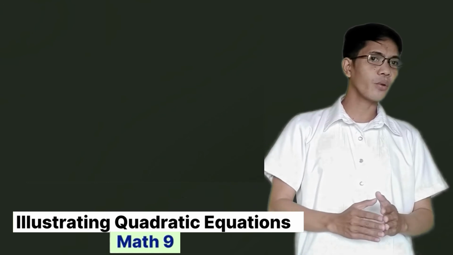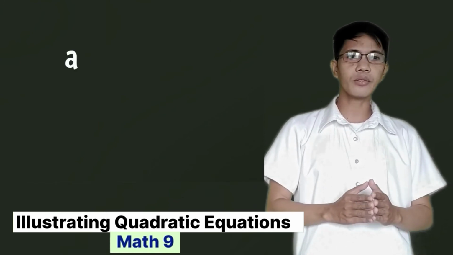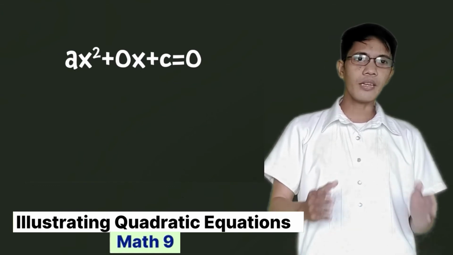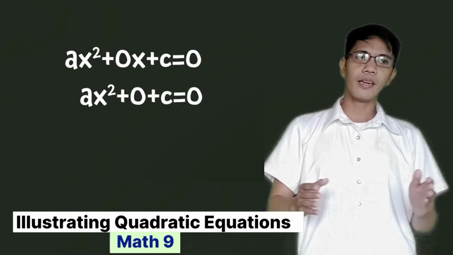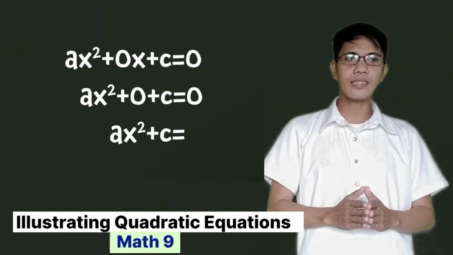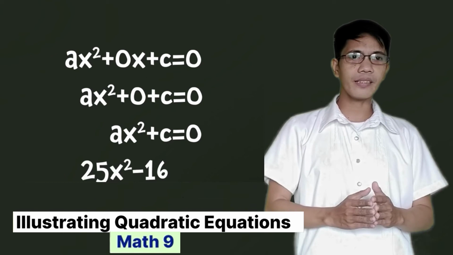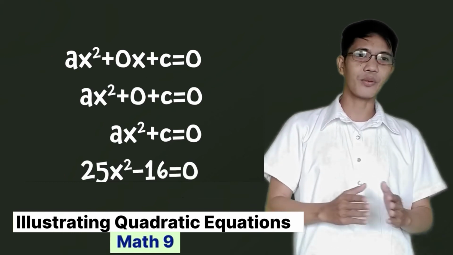There are quadratic equations where b is equal to 0 or there is no linear term. They are of the form ax squared plus c equals 0, just like 25x squared minus 16 equals 0.